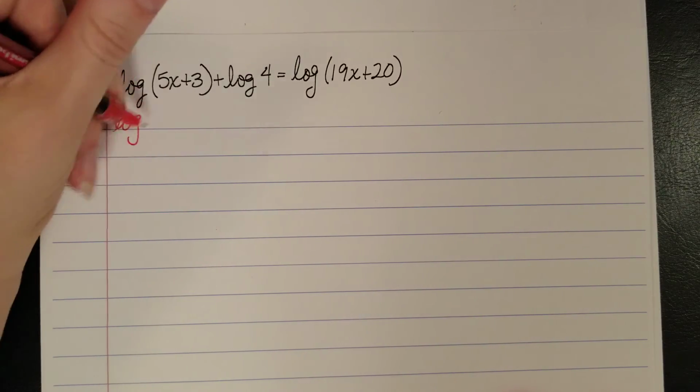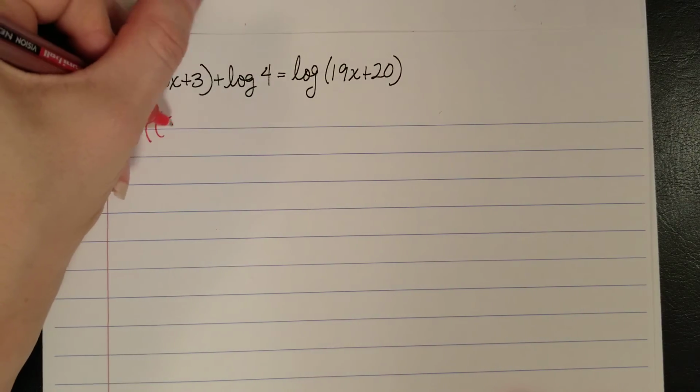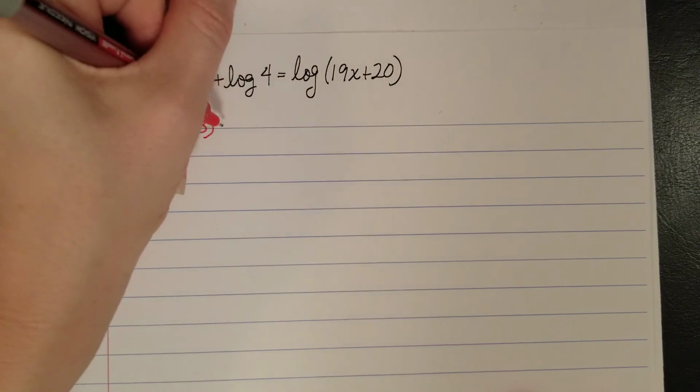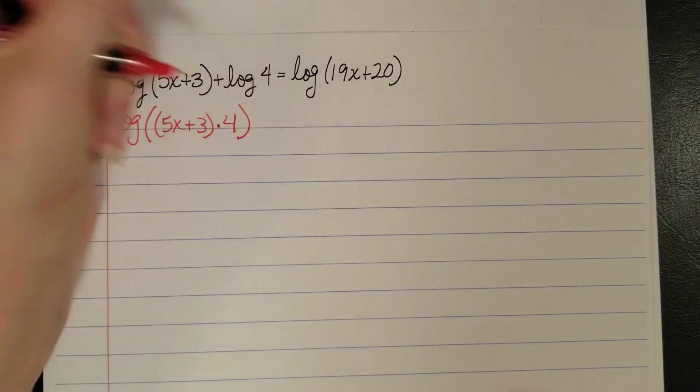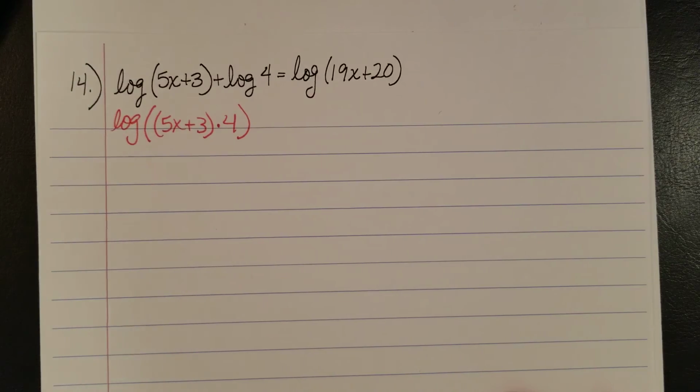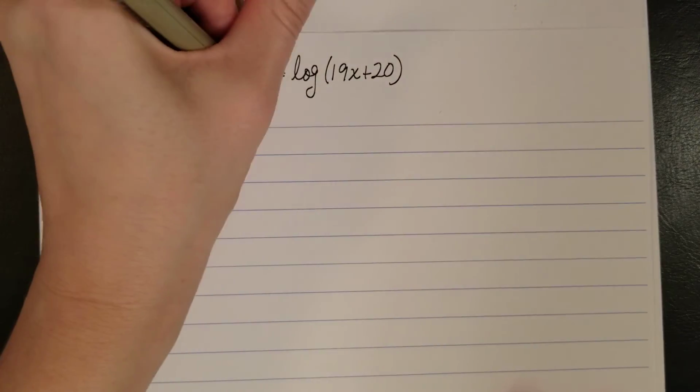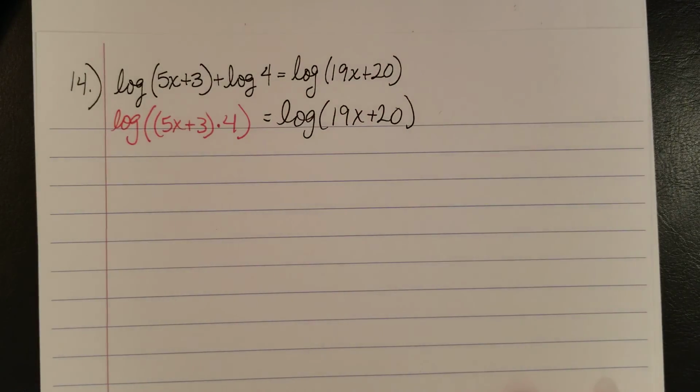So that's going to make it log of 5x plus 3 times 4, and that still equals log of 19x plus 20. Then I can basically cancel out those logs.